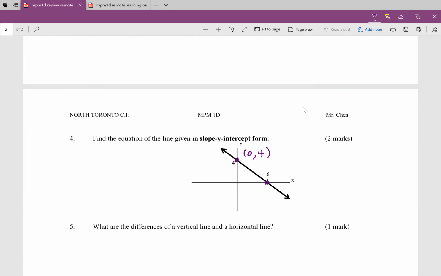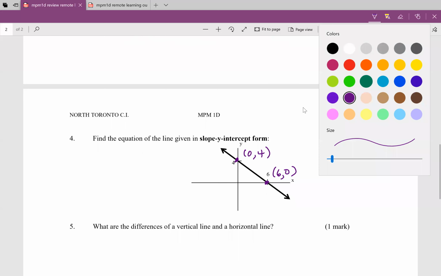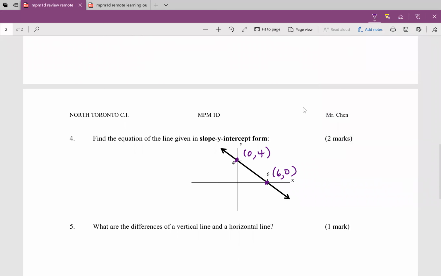And this point here is the x-intercept. So in some descriptors, if you were to describe it to somebody in transformation, it seems to be going down 4 units. And it seems to be going towards the right 6 units.